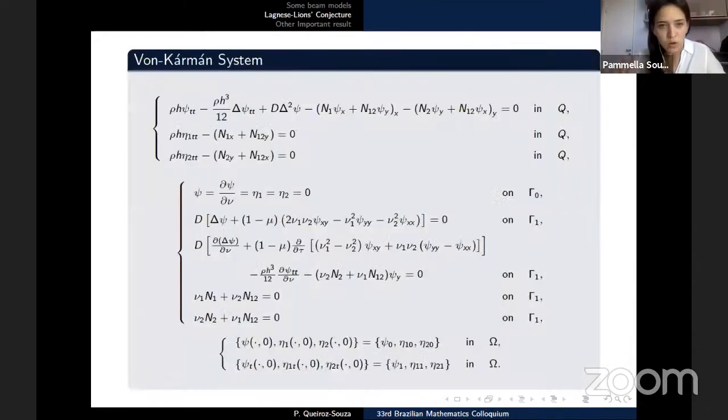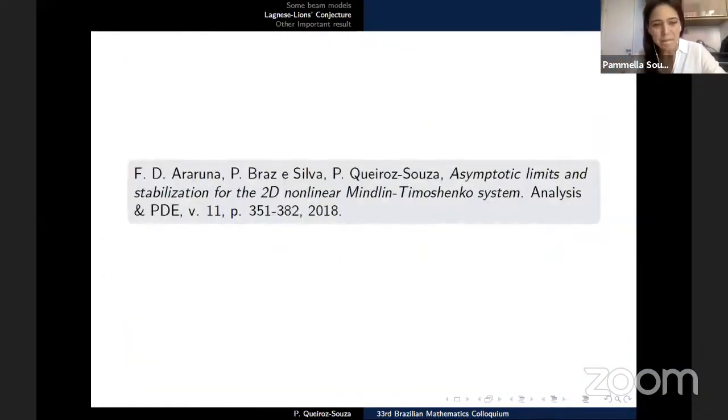Let me just comment that the proof of this result follows from the previous theorem, considering, of course, the specificities of the bidimensional case. Okay, and now the paper will contain the formal, definitive, and positive answer for the Lagnese-Lions conjecture. And the other important result is a joint work with Araruna and Bruce Silva.